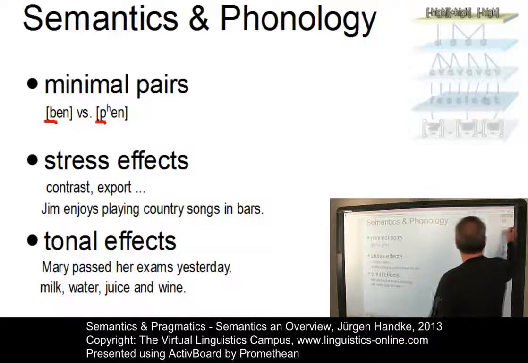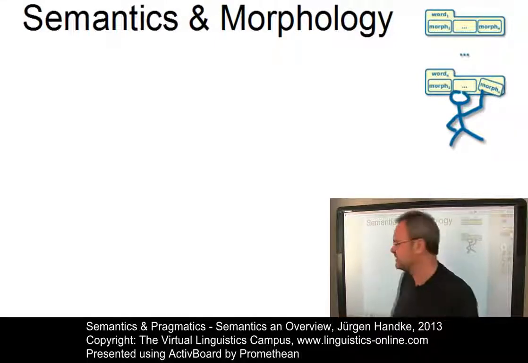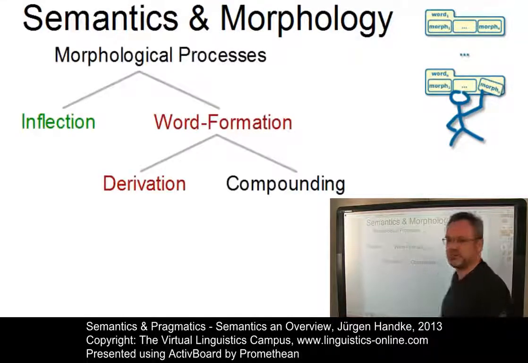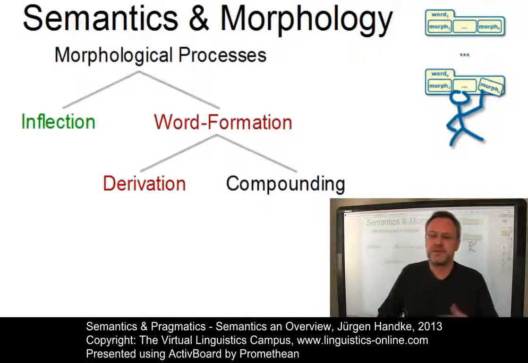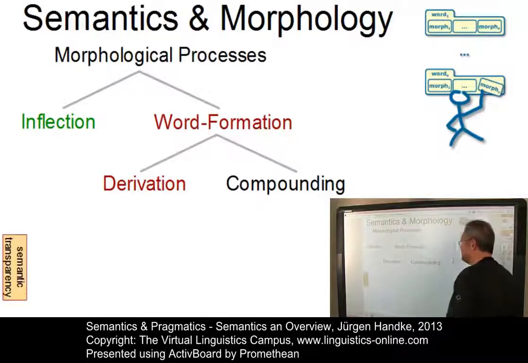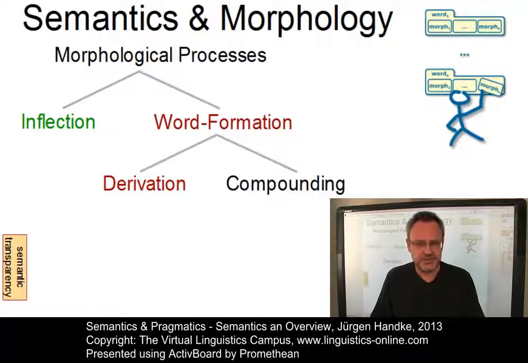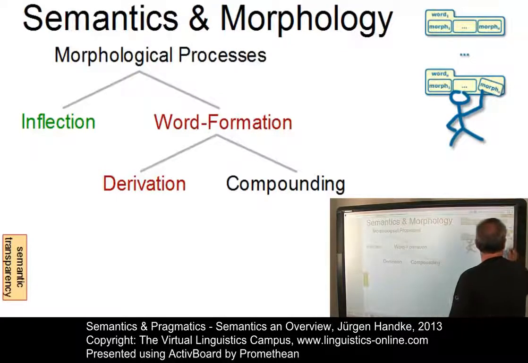Let's look at morphology next. Now, morphology studies the internal structure of words and how words are built out of smaller components. There are three central processes but they differ with respect to the degree of semantic transparency of the word forms they produce. Inflection is semantically fully transparent.